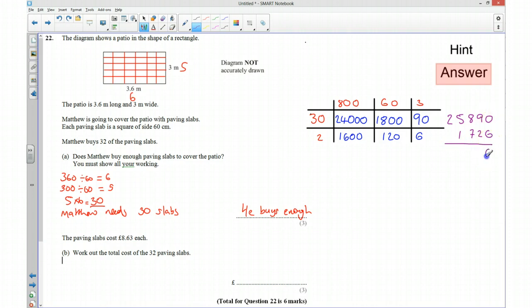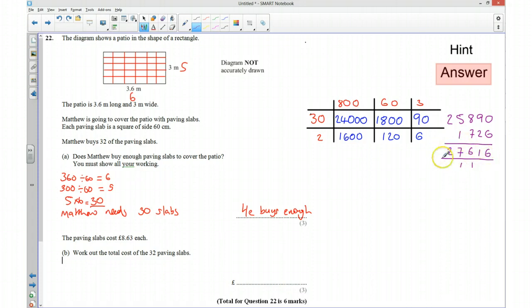0 and 6 makes 6, 9 and 2 makes 11, carry the 1, 8 and 7 is 15, and 1 is 16, 5 and 1 and 1 is 7, and then we've got our 2, so that's going to be 27,616.